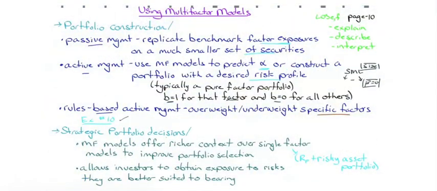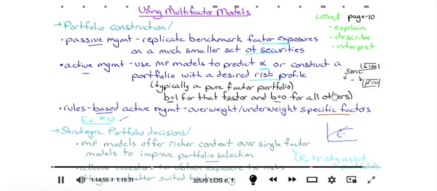Next application we'll look at here is for strategic portfolio decisions. Multi-factor models offer a richer context over single-factor models to improve portfolio selection. So remember level 1, again, let's draw that out. We did this in portfolio management where we had our Markowitz efficient frontier. We had the optimal portfolio of risky assets in here.